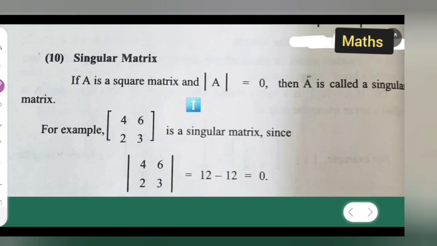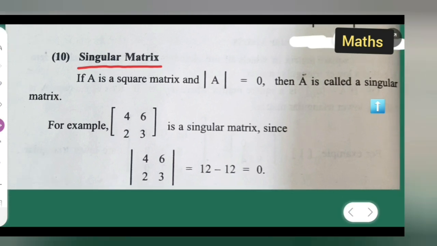So take down this, singular matrix. What does it state? If A is a square matrix and the determinant of that square matrix is equal to 0, then A is called a singular matrix.